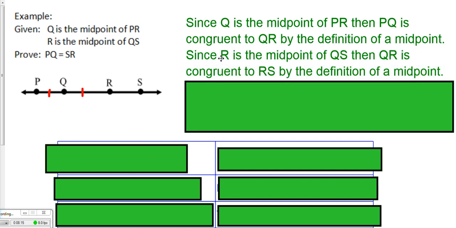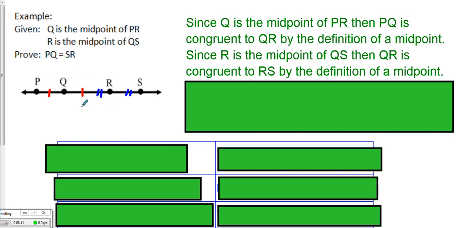Similarly, since R is the midpoint of QS, then QR is congruent to RS. I'm going to use a different tick mark. I'm going to use double, and I'm going to make them blue. So, we figured out if R is the midpoint, then by definition, this is the same as this. If Q is a midpoint, this is the same as this.